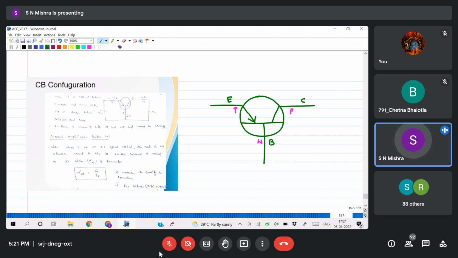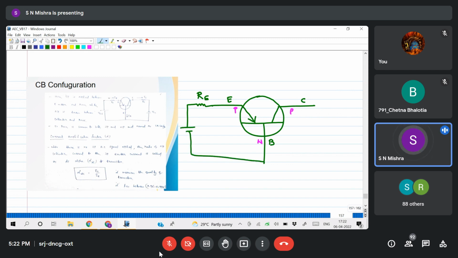So what I'll do, I'll connect a resistor. Generally a resistor will be connected; we cannot connect the voltage source directly because a certain change in voltage may damage the transistor. So that resistor I'll name RE because it is connected to the emitter terminal. Then the P side should be connected to higher potential, the N side to lower potential.